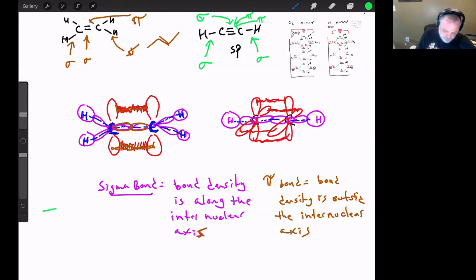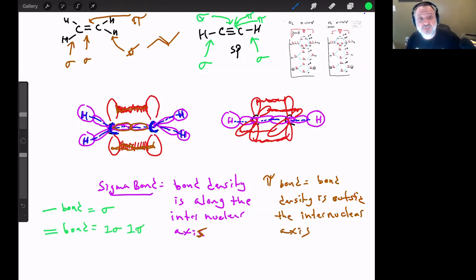If it's a single bond, it's a sigma bond. If it's a double bond, it's one sigma and one pi. That adds up to both of the bonds. So if it's a triple bond, then it's still one sigma, but now I have two pi bonds.